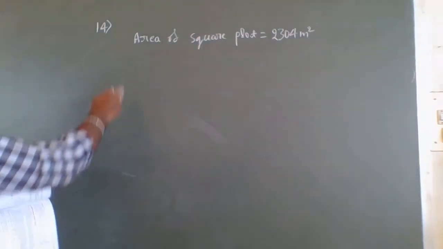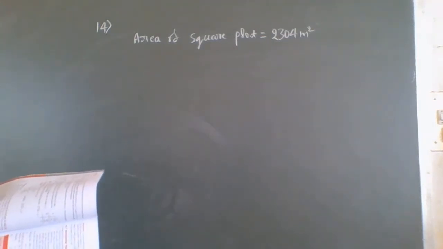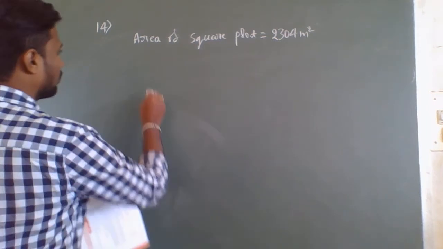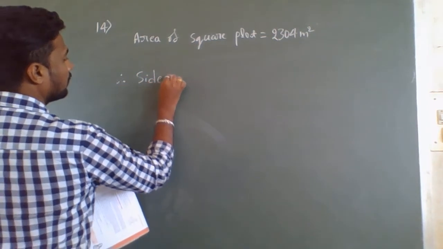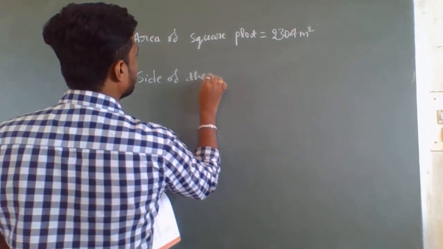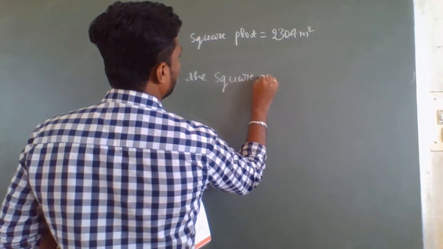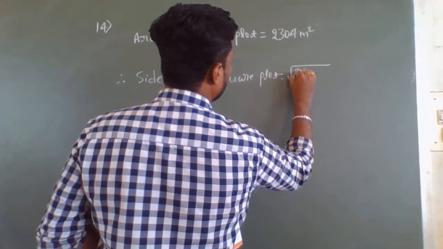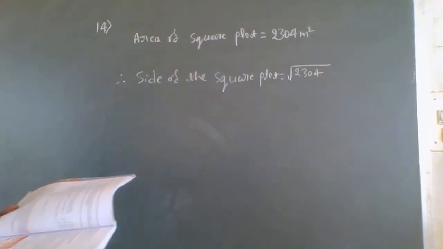So here the area of the square plot is given, 2304 meter square. So the side of the square plot should be equal to the square root of 2304.